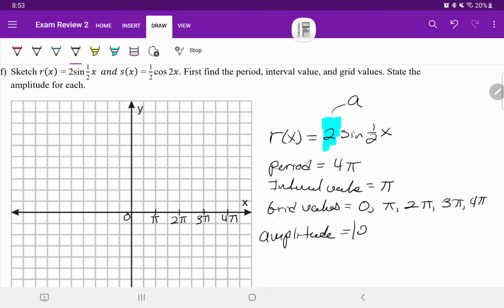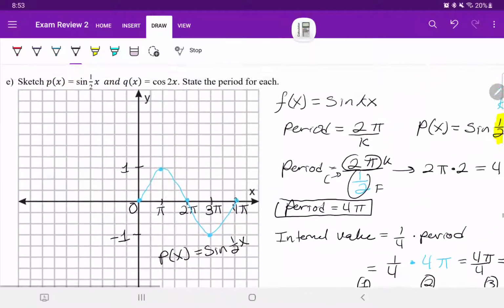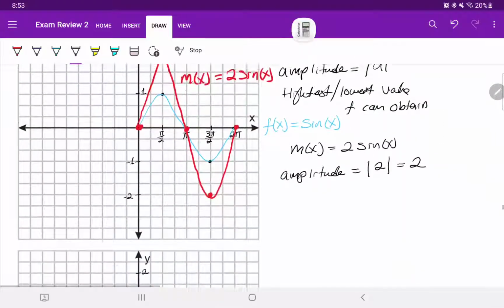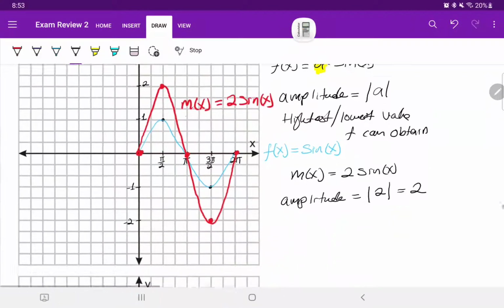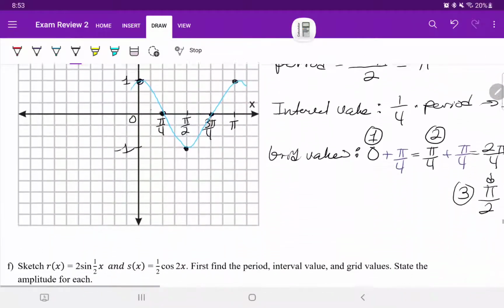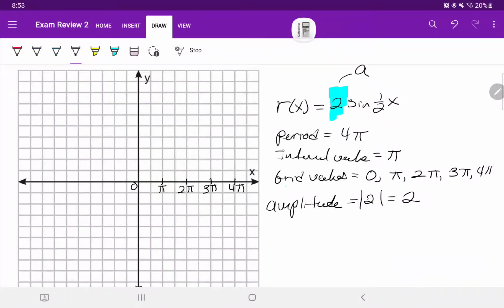So the absolute value of 2, which equals 2. And if you notice, for section F, we're essentially combining section E and section D together. The amplitude for section D with the periods from section E gives us the function for section F. So the amplitude is going to be 2. So the highest value the function can obtain is 2. The lowest it can obtain is -2.